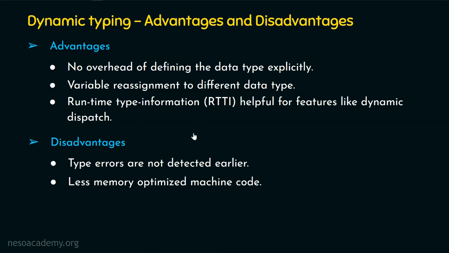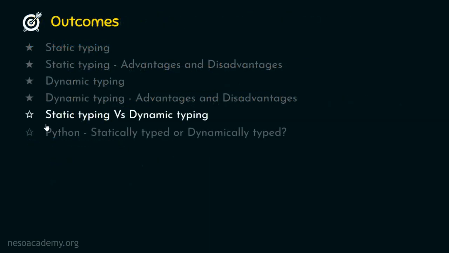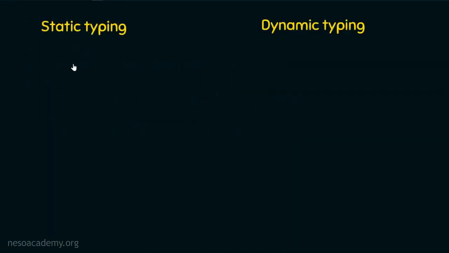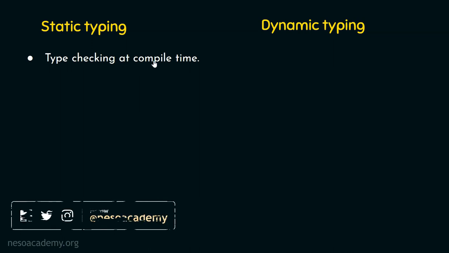Now that we have learned about static typing and dynamic typing, let's go ahead and compare them head to head. First of all, under static typing, type checking is done at compile time. That is, the type of the data that we have defined is checked at the compilation phase.